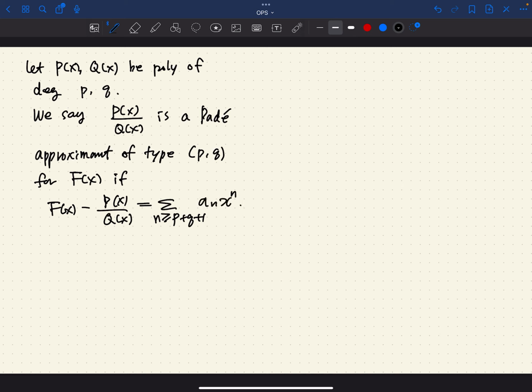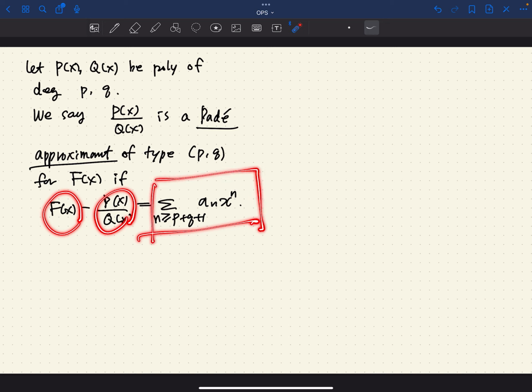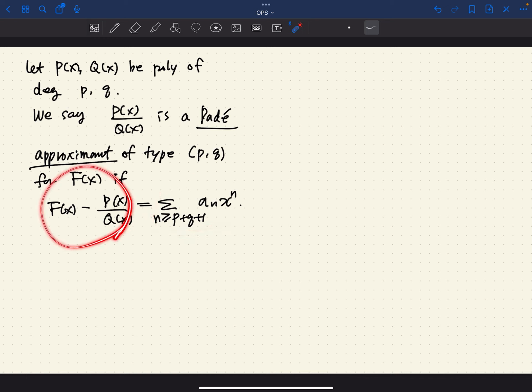Something like that. So Padé approximant means that we approximate this using a rational function, and the approximation is good in the sense that the lowest term of the formal power series has degree greater than or equal to p plus q plus 1.